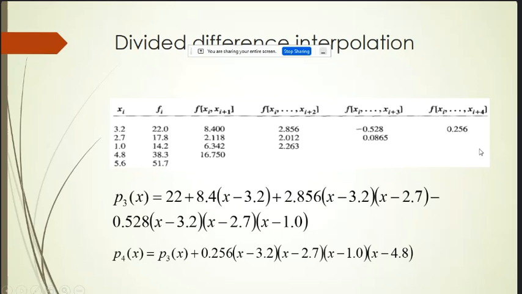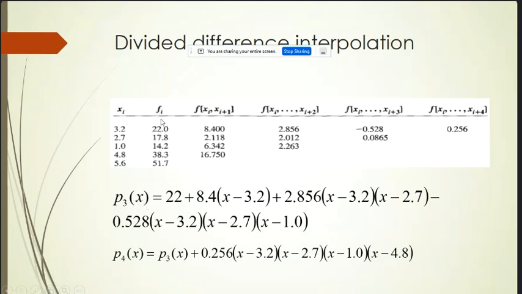And after that, easily computing the values or entries of this table, we can very easily rewrite our interpolated polynomial. At first, we assume that we want to interpolate a polynomial of degree 3.